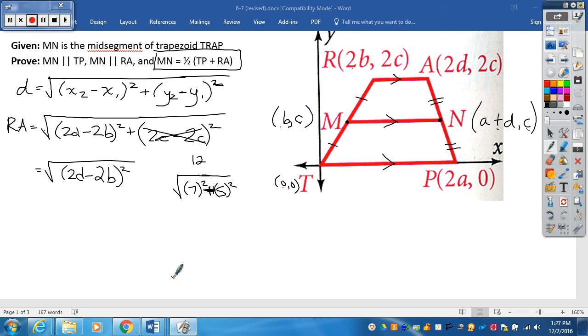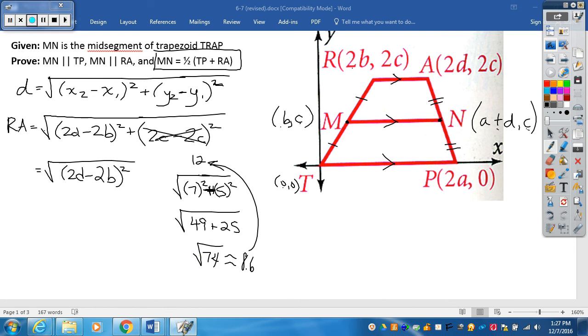Let me show you why it's not 12. We know that 7 squared is 49, and 5 squared is 25. If I add those two together, I get the square root of 74, which is approximately 8.6-ish. Okay? Definitely not 12. So when there's a plus sign between two terms that are squared, we can't simplify that any further.